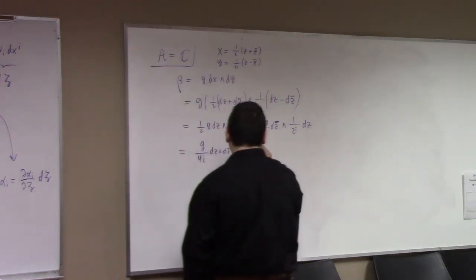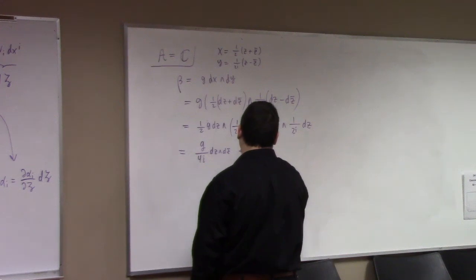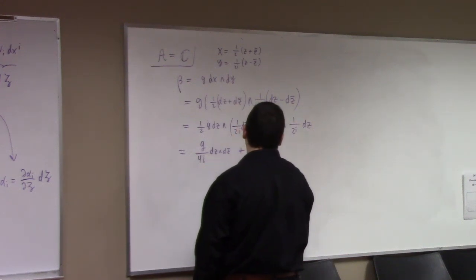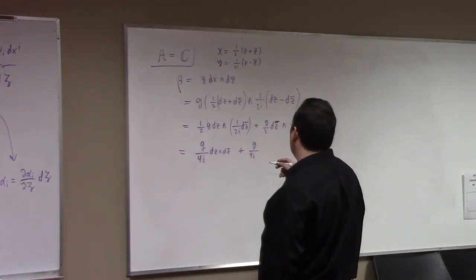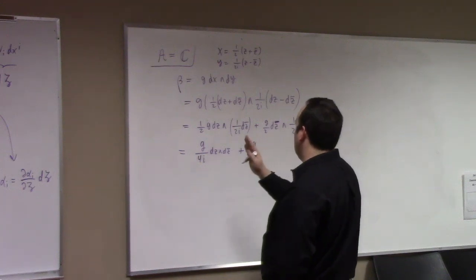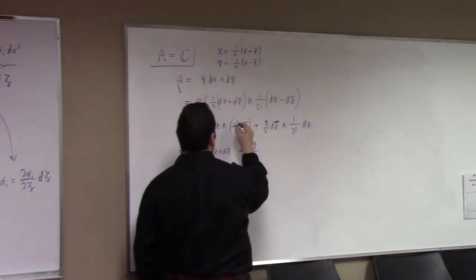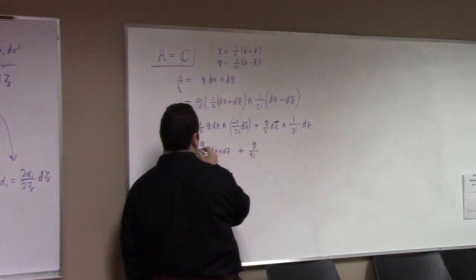And then plus g over 4i. Oh, but I forgot a sign, right? Where was my minus? This one here, right? Yeah. I erased that sign. I shouldn't have.